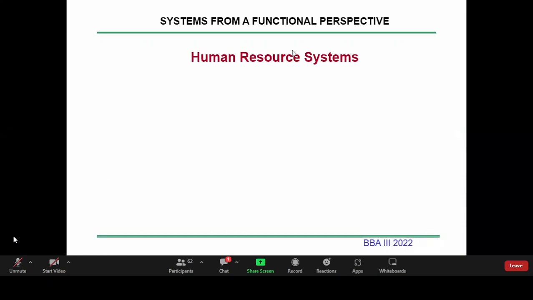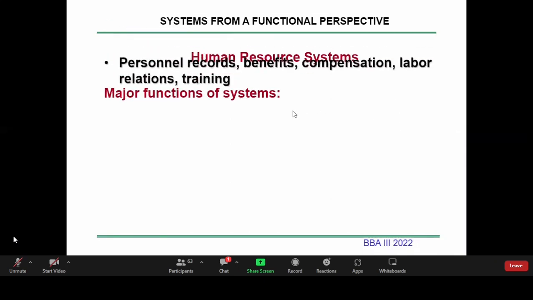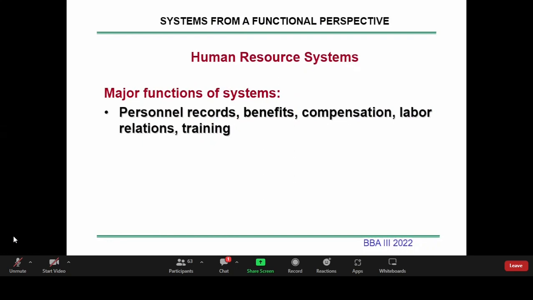framework. Then human resource systems, where we look at personnel records, the benefits, compensation, gratuity, labor relations, training, employment. There are so many things in there.